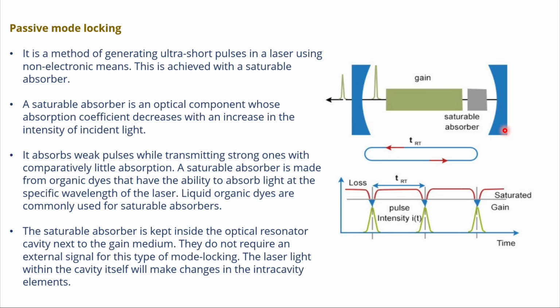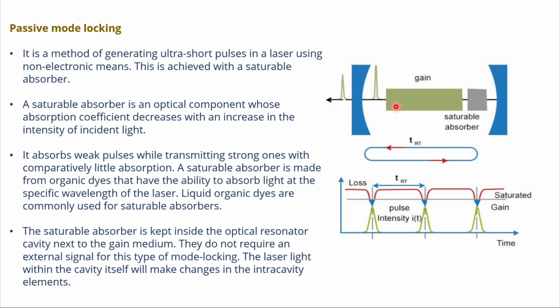Light travels back and forth between the mirrors inside the cavity. This round trip time is marked as TRT. That is when light goes from this mirror to the other mirror and returns back to the same mirror; this is the time TRT. Each time the pulse travels through, it gets amplified by the gain medium.